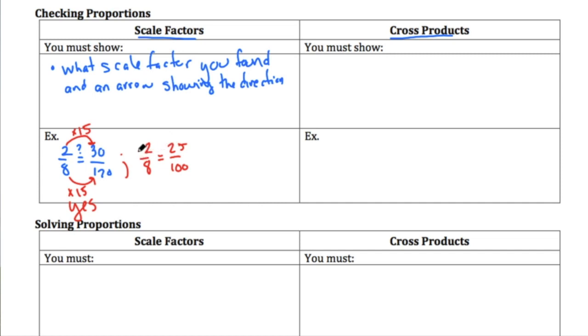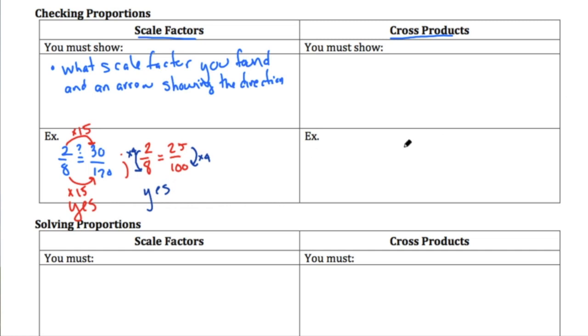But let's think about this. 2 times 4 would give us 8. And look, 25 times 4 would give us 100. So in this instance, we can use a scale factor, but move vertically. So the arrows are really important to show how we're finding if these numbers are in proportion to each other. So again, we would say yes, that these are proportional.